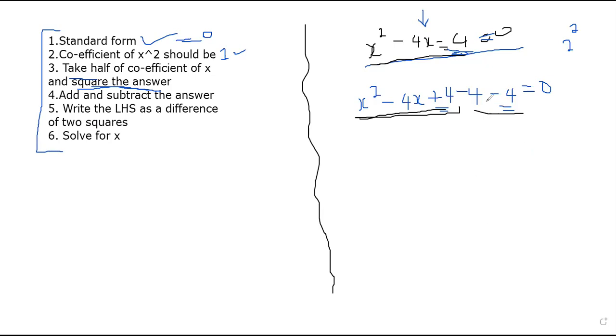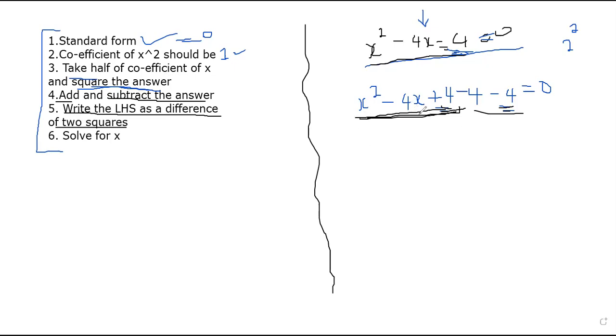You don't add this. You take this as it is, you solve it, right? I said you add and subtract the answer. So I added 4, I subtracted 4 on the same side. And then you write the left hand side as a difference of 2 squares. What do I mean?